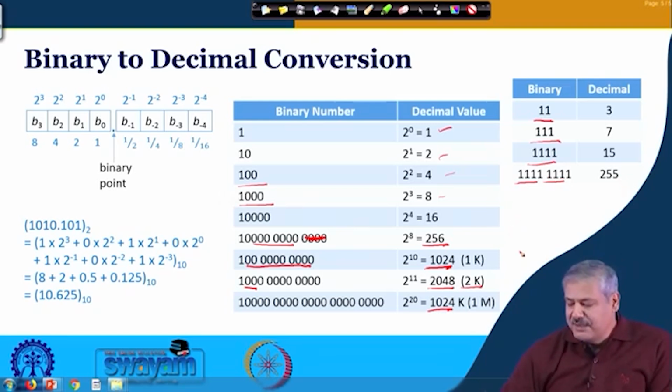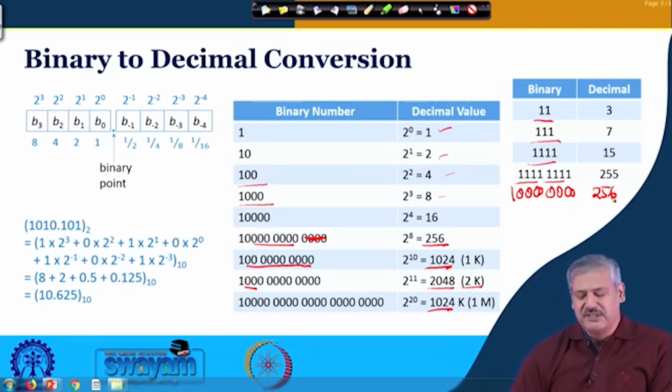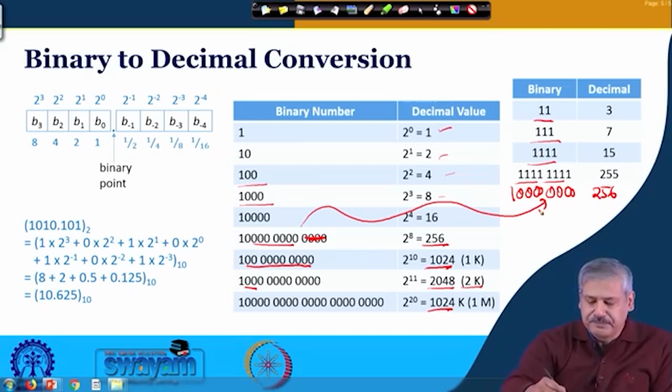If you increment by 1, the way we have seen with the odometer, the next value is 1 followed by 8 zeros, which is 256.